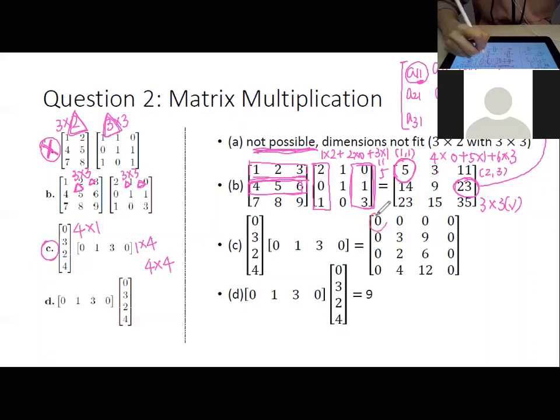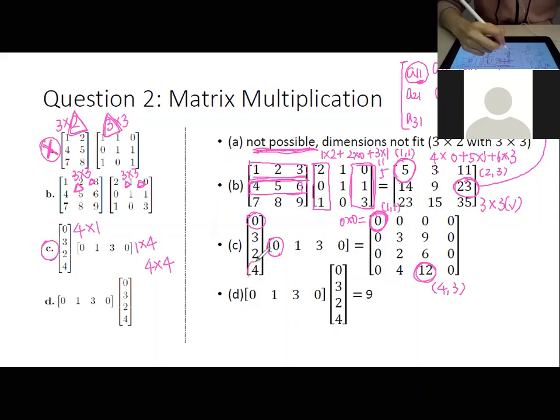We take this element as an example. It's of position 1, 1. So we find the first row and the first column. So we get 0 times 0, which is still equal to 0. And we randomly found another example. How about this? Its position is 4, 3.